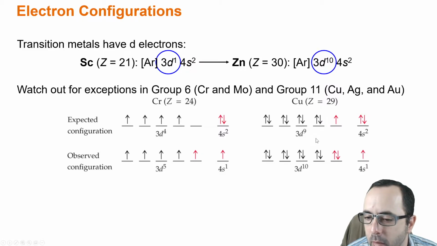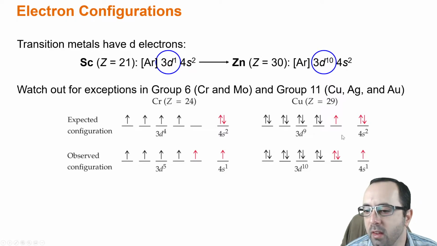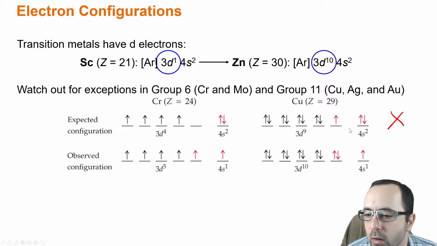Here's the same type of situation for copper as we saw for gold, except it's filling the 3d orbital instead of the 5d. It's the same thing. When it's almost full, this is not going to be the electron configuration where there are 9 electrons in the d orbital and 2 in the 4s.